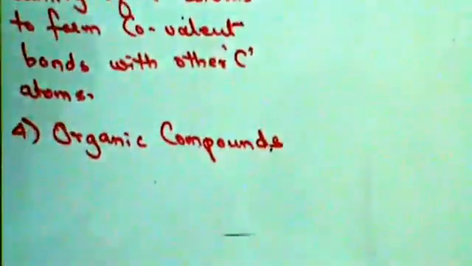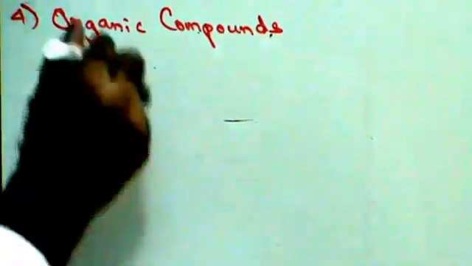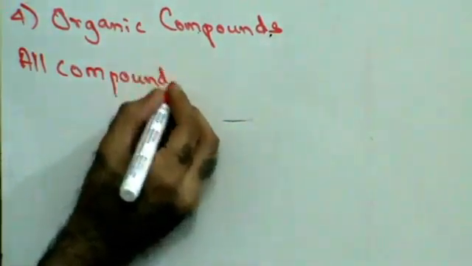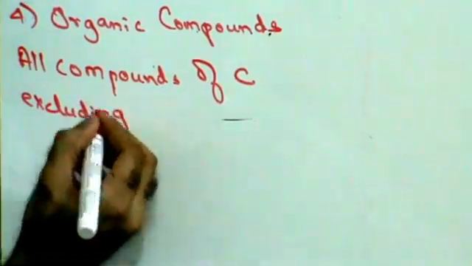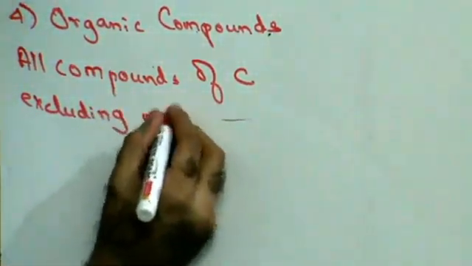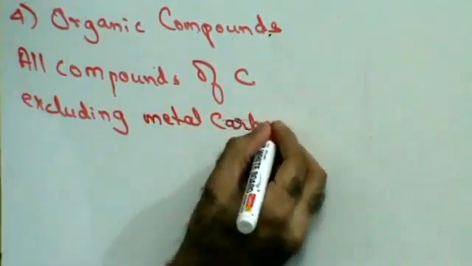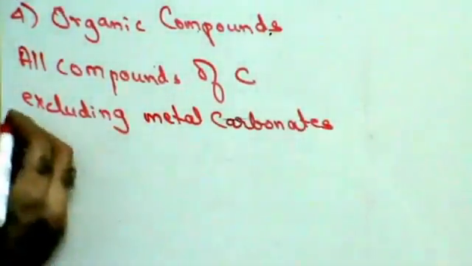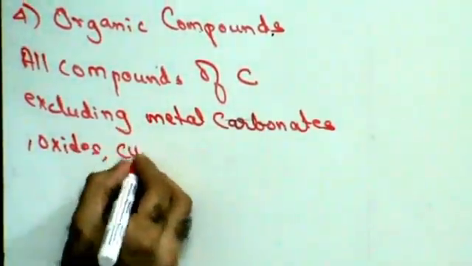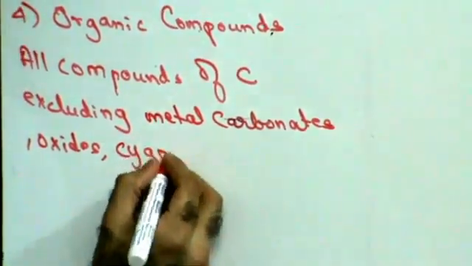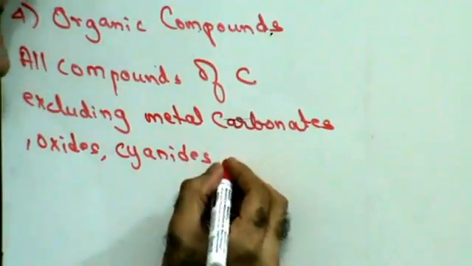All compounds of carbon excluding metal carbonates, oxides, cyanides and sulfides of carbon are organic compounds.